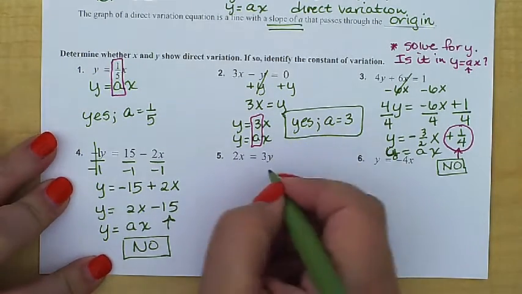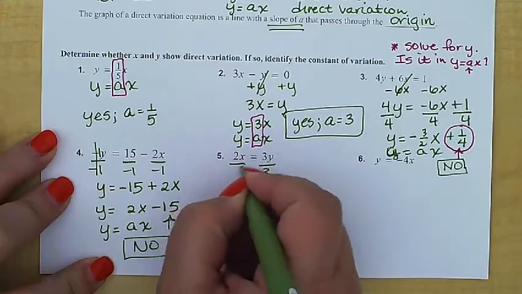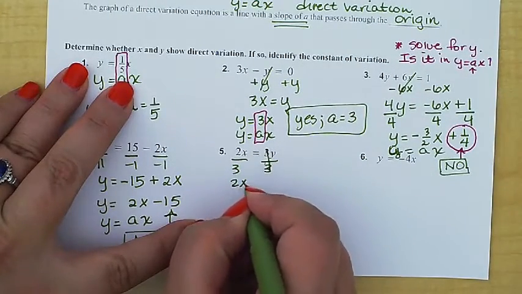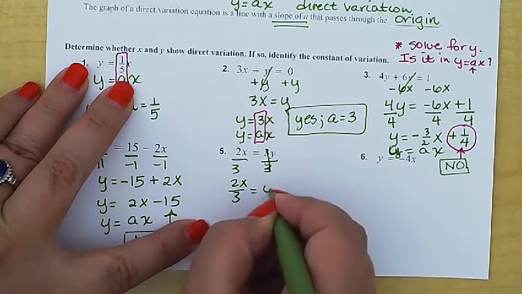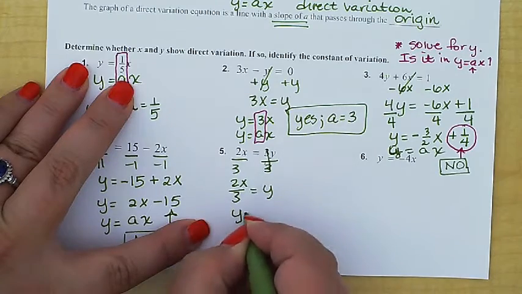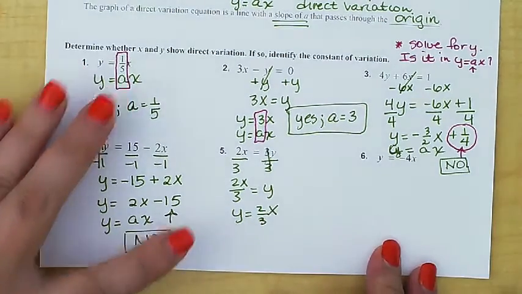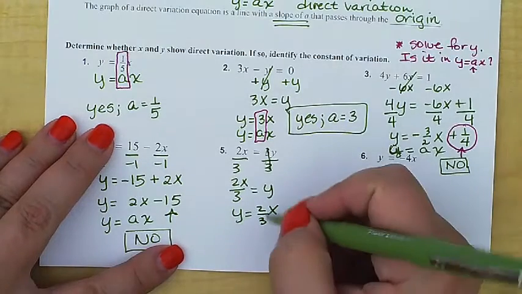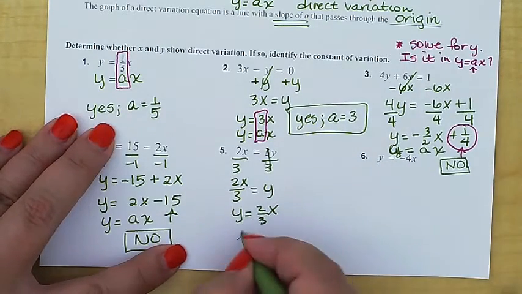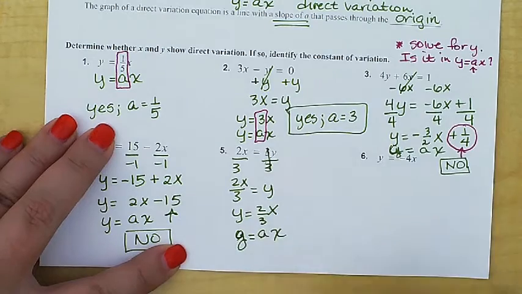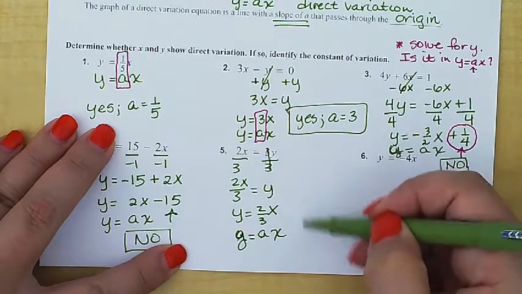Okay, number 5, to get y alone, we will divide by 3 on both sides. That cancels. We'll be left with 2x over 3 is equal to y. And if we rotate that to make it a little bit easier to spot, we've got that 2x over 3 on this side as well. Does this have that y equals ax format, where we have y equals the x term and nothing else?